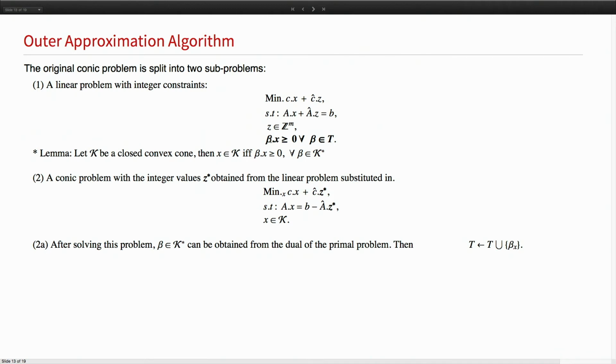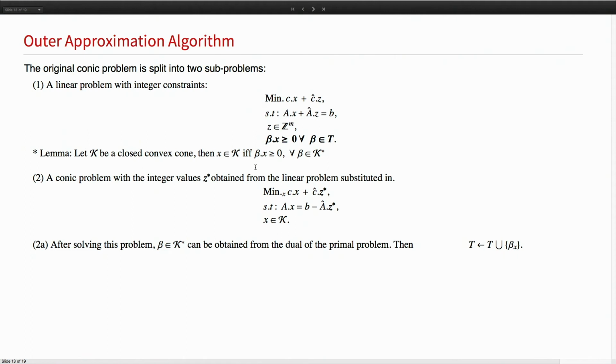Okay. I'll explain what this beta is in just a minute, but for now, assume that this beta is available. So you have a bunch of these half spaces available to you, and you go ahead and solve this linear subproblem. Once you solve this linear subproblem, you extract the components that are integers, and you substitute them back into your conic relaxed subproblem.